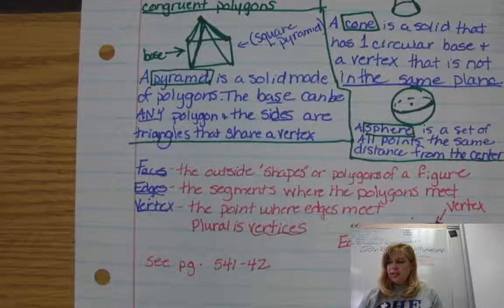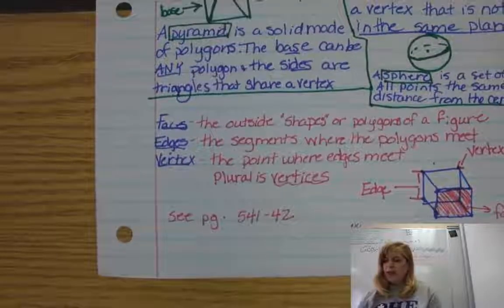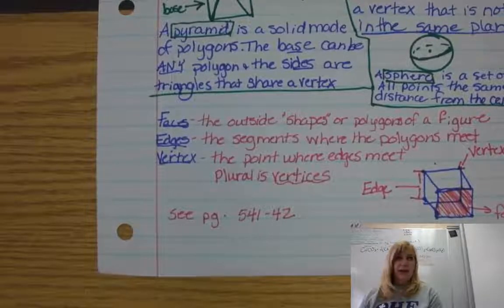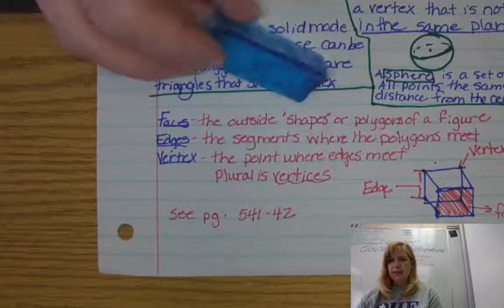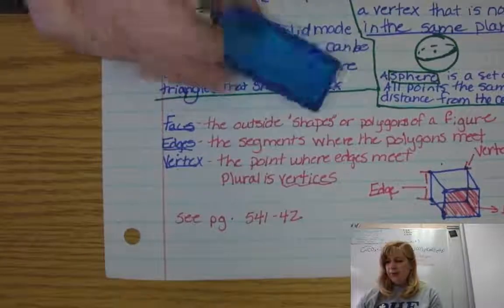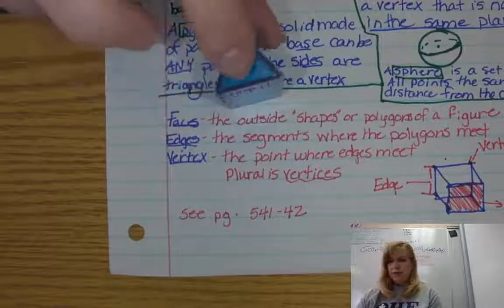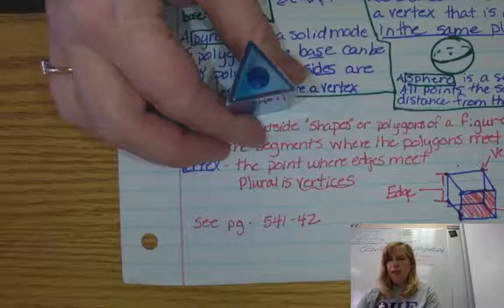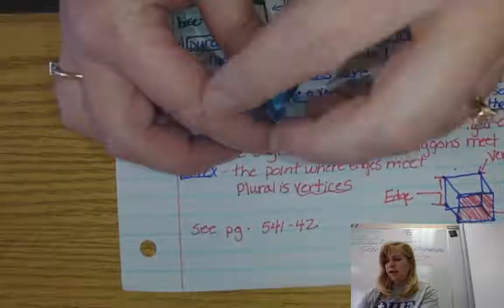So the other important vocabulary are the faces. And those are the shapes or the polygons of the figure. So when we looked at this little guy right here, we have a triangular prism. So it's this polygon is one face. The opposite, that's two faces.